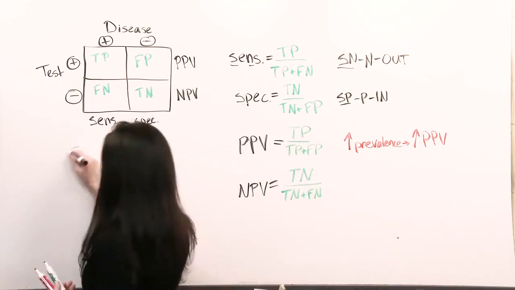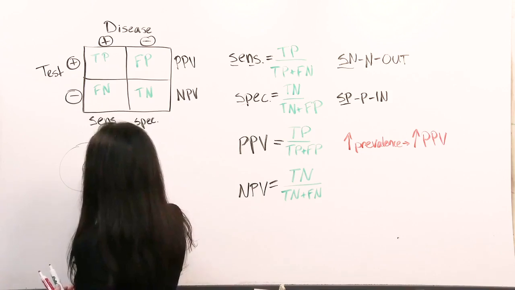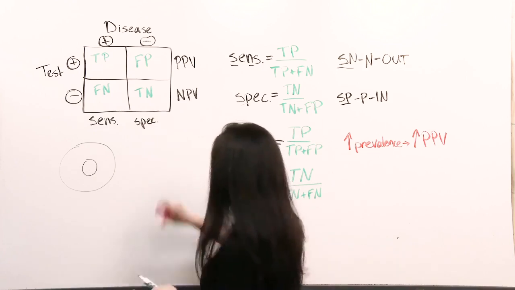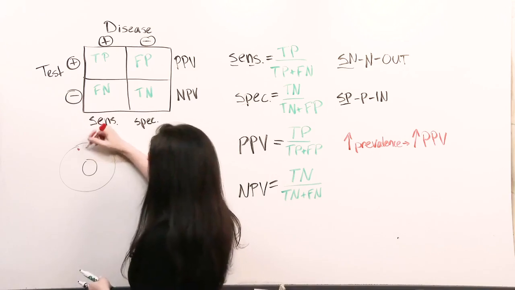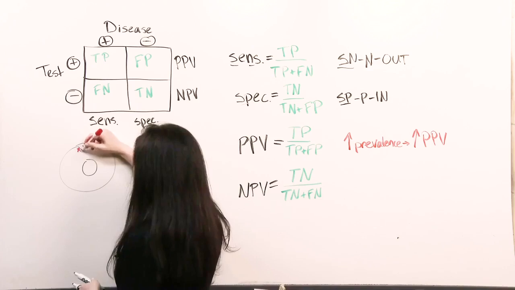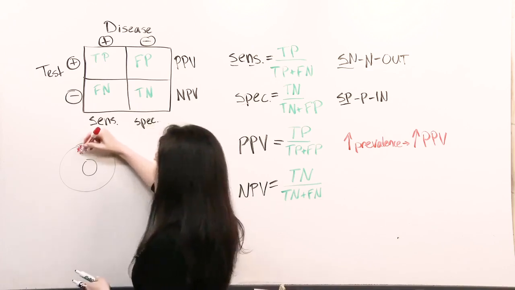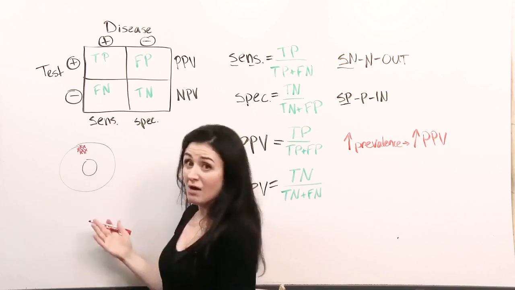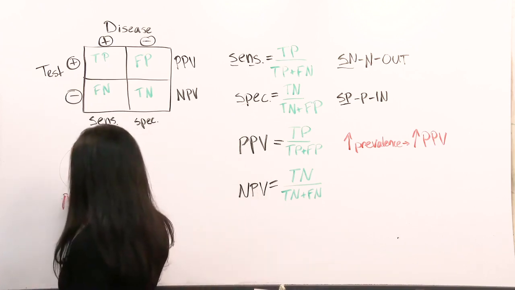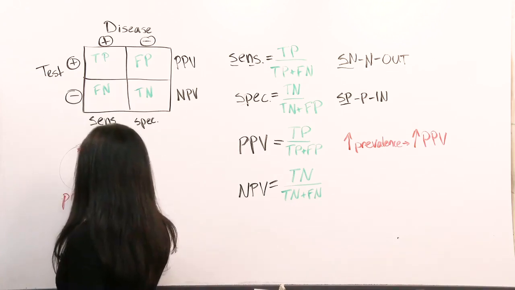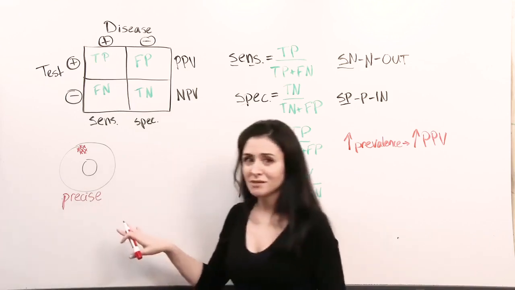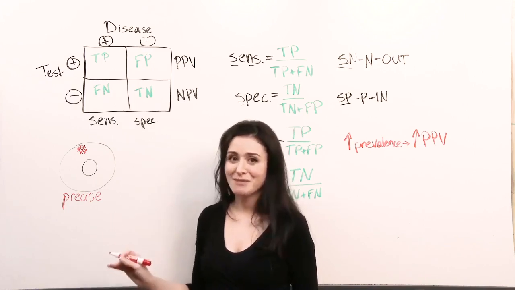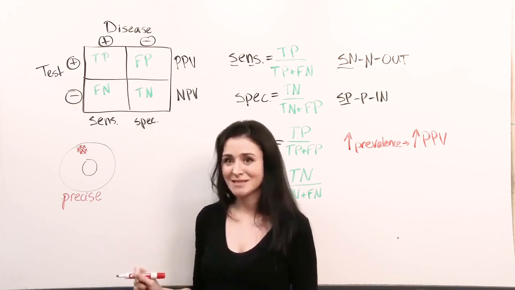So if I am an archer and I go to the archery range and I'm shooting at a bullseye, and all of my arrows go pretty close together around the same exact spot, a really tight distribution, but none of them hit the bullseye, I'm precise, but I'm not accurate. Precision does not require that your test measures what it intends to measure. It just measures that you can repeat it really consistently.